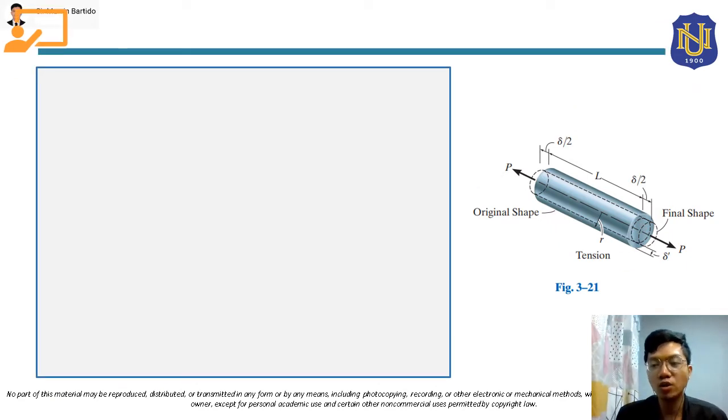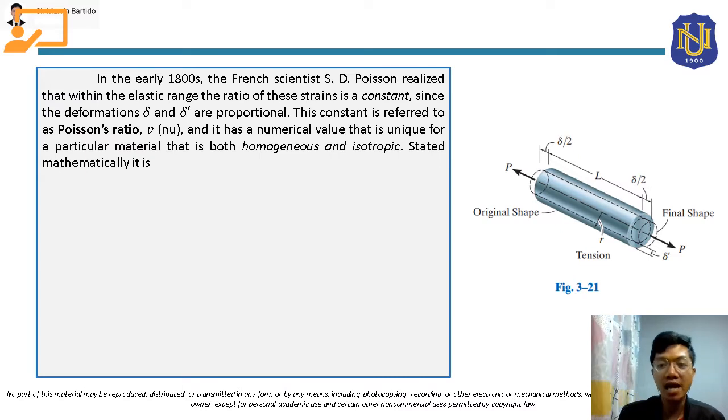Okay, so we are going to talk about the relationship of the strain in the longitudinal direction and the strain in the lateral direction. In the early 1800s, the French scientist S.D. Poisson realized that within the elastic range, the ratio of these strains is a constant, since the deformations delta and delta prime are proportional.